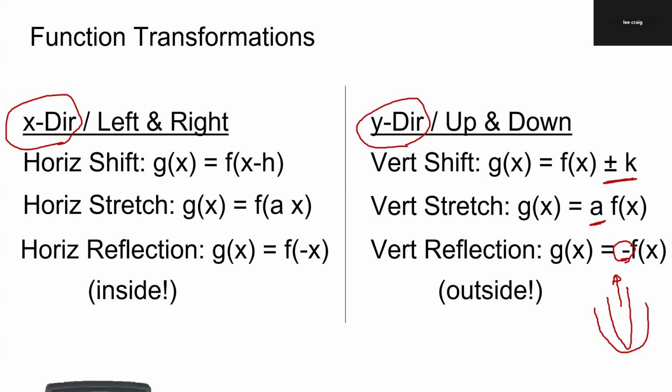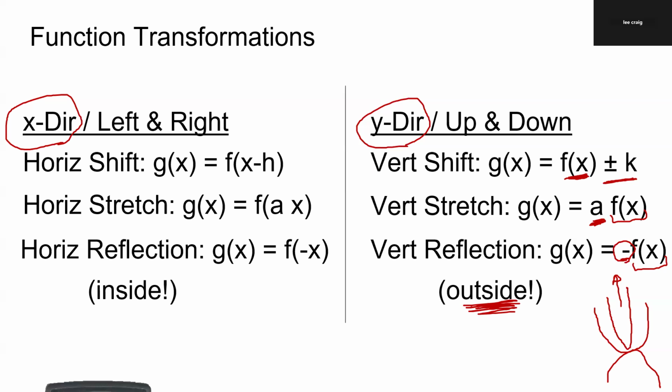Instead of going up, it would go down. And all of that happens outside of the function itself. Here's the function, and we add something after we're done. Here's the function, and we multiply it after the function's been evaluated. Here's the function, and we put in a negative sign in front of it, which flips it upside down.